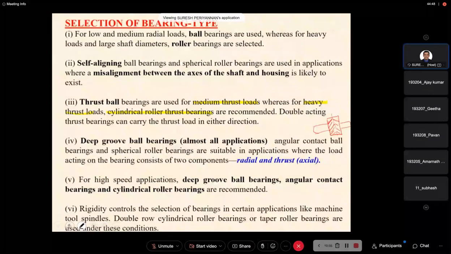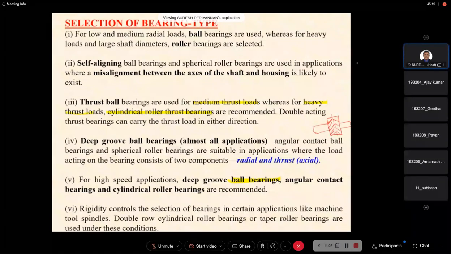Now, for high speed application, deep groove ball bearing is the better one, along with angular contact bearing. In a ball bearing, we have a ball or point contact, not a line contact, and the amount of heat generation inside the ball bearing is less compared to line contact or surface contact.